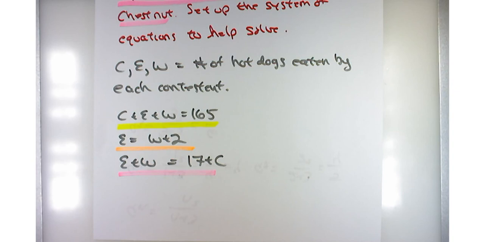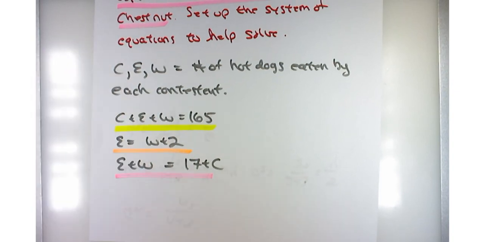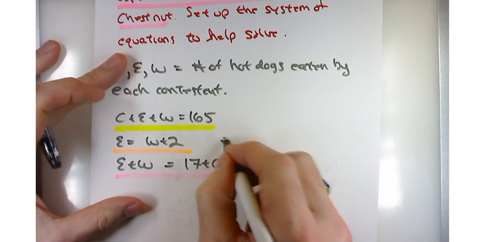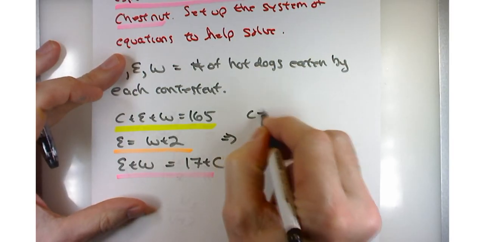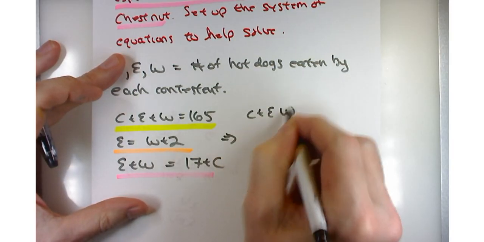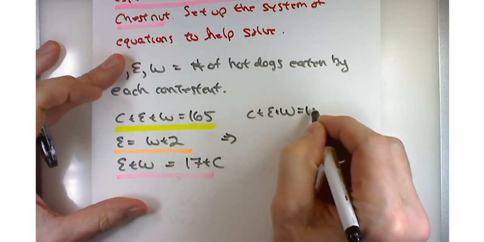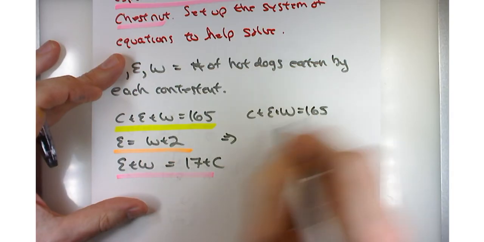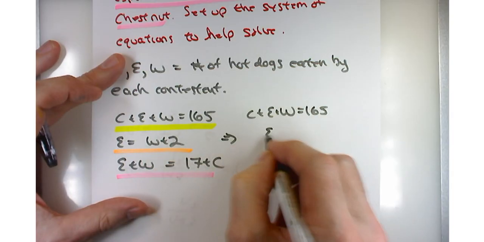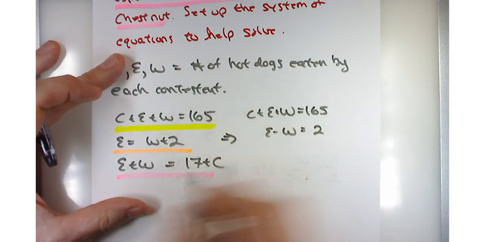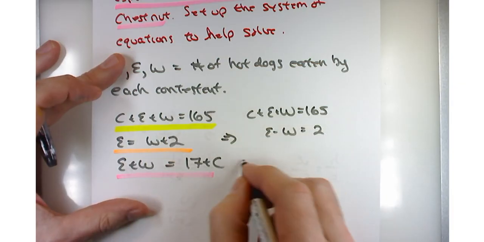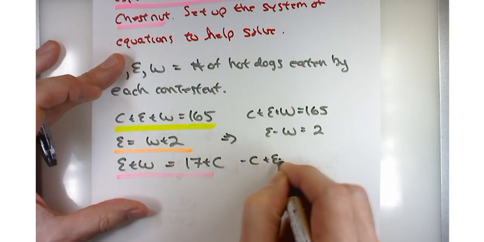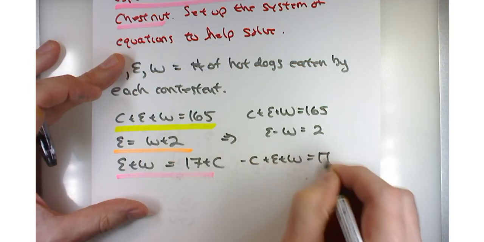Is it easier to have all the variables on one side, like the first one, or do we want the variables split up? It depends on exactly how you're gonna solve this, but in general, it's probably nicer to have things on one side. So I would write this as E minus W equals 2, and then move the C to the other side, minus C plus E plus W equals 17.